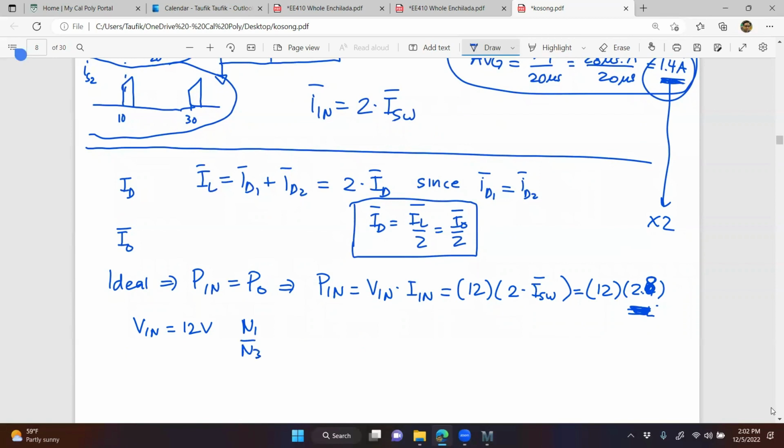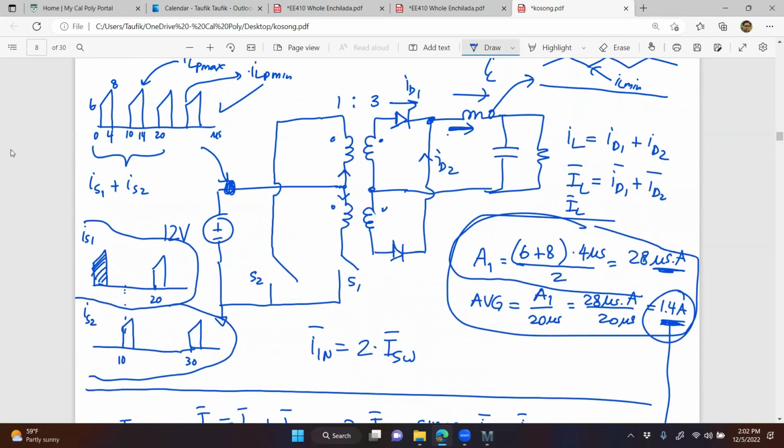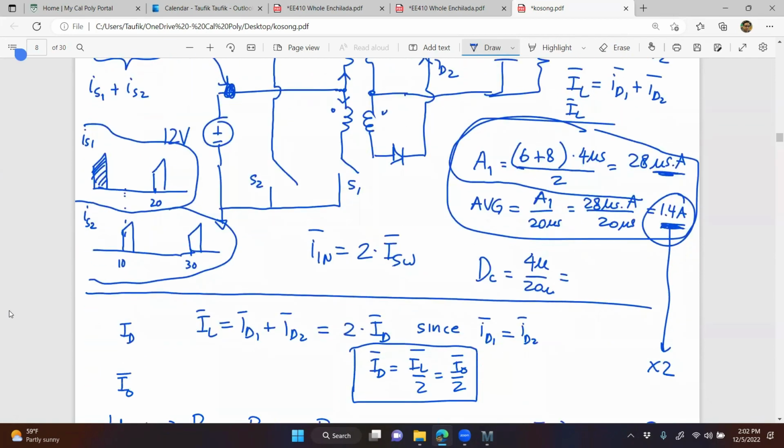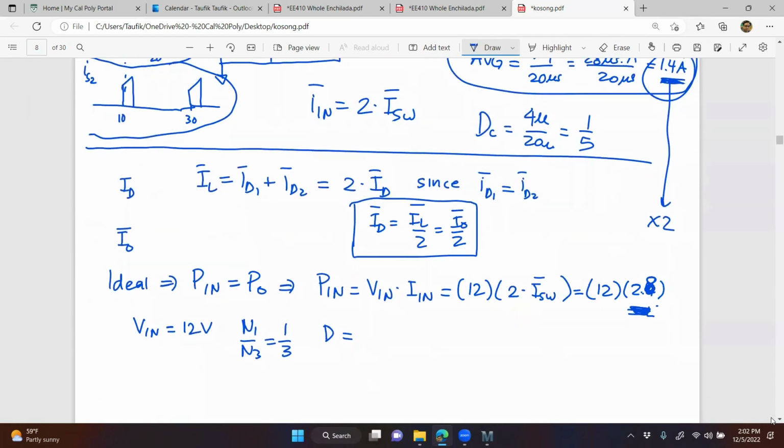And duty cycle is equal to 4 microseconds out of 20 microseconds, which is 1/5, so 20%, or 0.2.